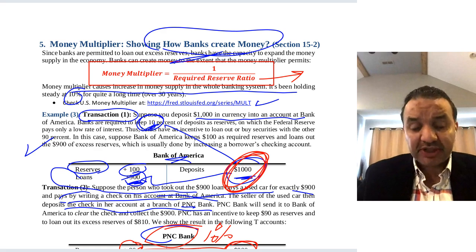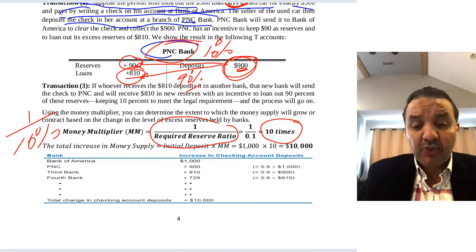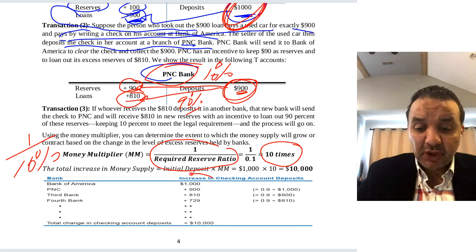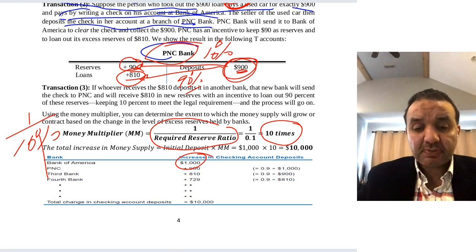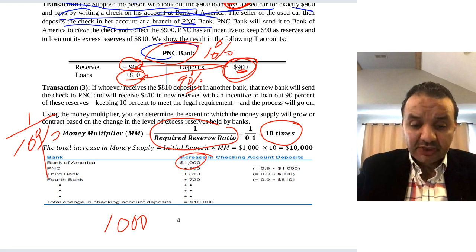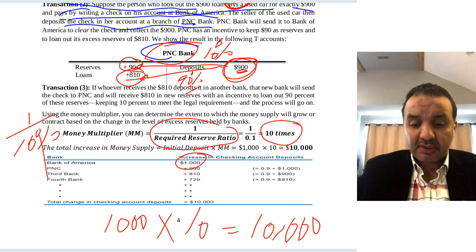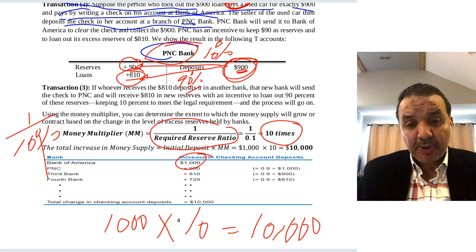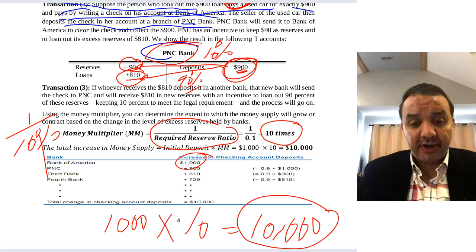So the money multiplier means that this initial deposit of 1,000 will be multiplied 10 times. If you multiply 1,000 by 10, this gives you 10,000. So with only a 1,000 deposit in the Bank of America, a total of 10,000 is created in the economy.